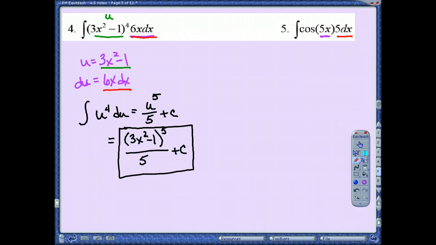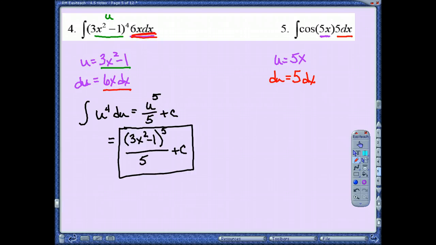I wonder if that's going to play the same role as our 6x dx and be used for our du. I don't know. Let's see. I'm going to let 5x be our u. So when I take the derivative, u is du over dx, but once again, we're multiplying both sides by the dx. The derivative of 5x is 5 dx.